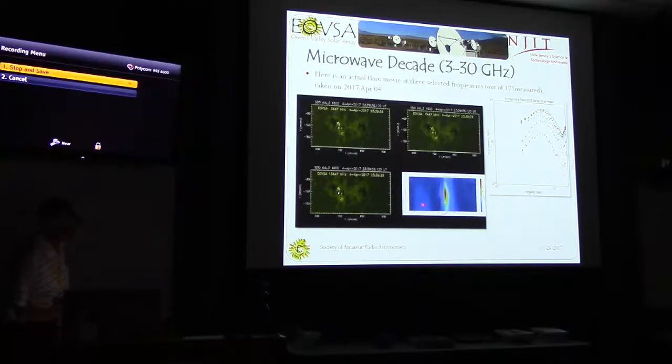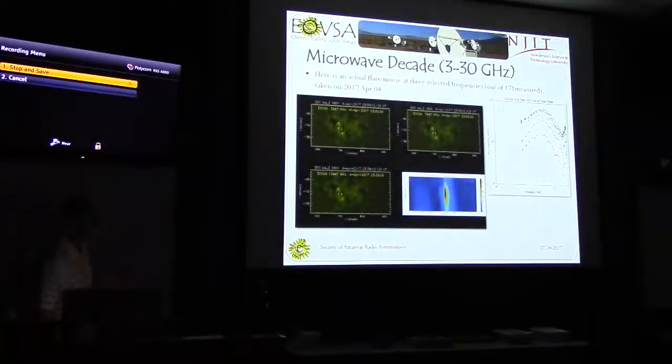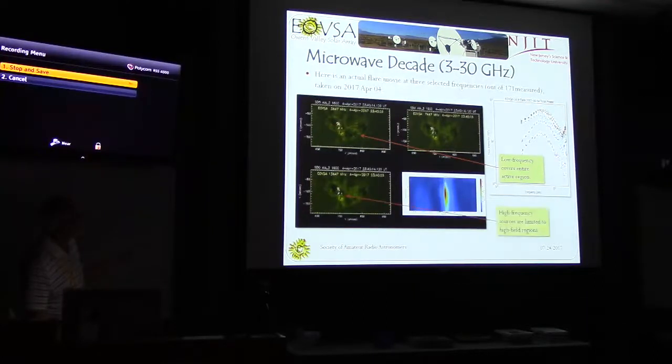You can see the line marching across, and you can see the emission at the different frequencies. So the spatial distribution of that emission is what we're interested in. Let me go back and run it one more time. I just want to point out that the low frequencies are covering the entire region here, whereas at high frequencies, they're mainly around the flare site, which is shown up in the chromosphere, but also around the sunspot region.